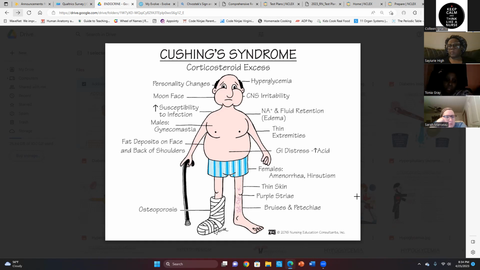Now, in children that have Cushing's disease, they're going to have a slower growth rate. And then in general, patients that have Cushing's can have a backache, bone pain, tenderness, increased thirst, and urination. That makes sense because they're going to have hyperglycemia, right? Whenever I think hyperglycemia, I think polydipsia, polyuria, polyphagia.